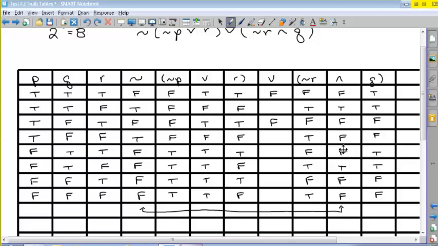See, that's false. That's false, so I get false. That's false, and that's true, so it's not false. True, false here with false there, that's false. And then false, false, that's false. Okay, so these are the 5 rows where these both are false in this column, and all the other ones are true. And so that's the final thing that I did, and therefore that's where the answer is in that column.